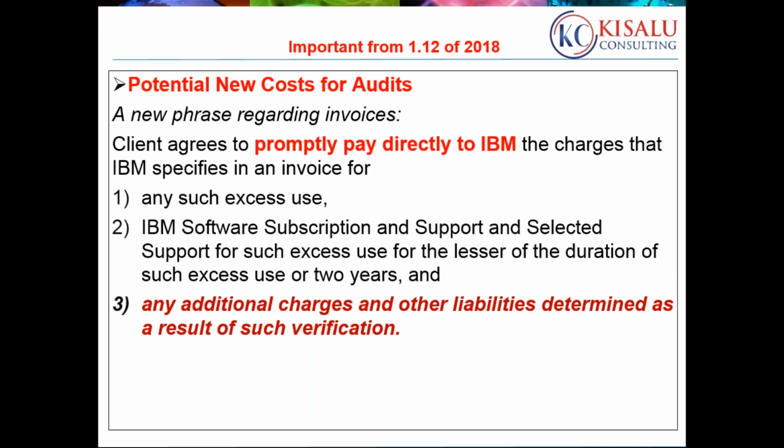There are some potential new costs. Nobody wants to pay more money than required. So there is a new phrase in the contract which states that the IBM customer will promptly pay directly to IBM any charges that IBM specifies in the invoice for any excess of IBM software use, for any subscription or support or any excess, for the lesser of the duration of the excess, or 2 years.